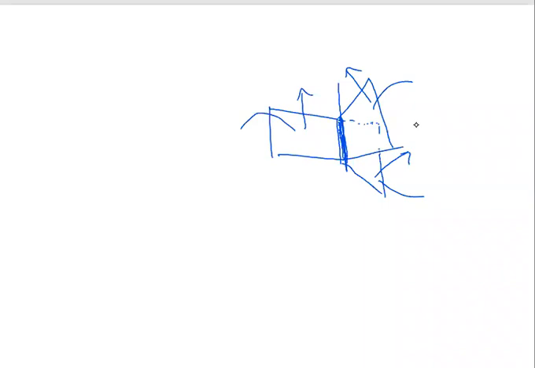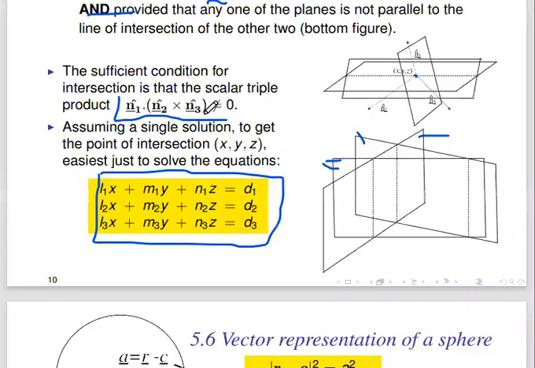When you take the cross product of this and this, which is parallel to this line of intersection that lies on this third plane, and take the dot product of this one and this, you get 0. If this is non-zero, you can say this system has a unique solution, not infinitely many. A unique solution, a particular point.